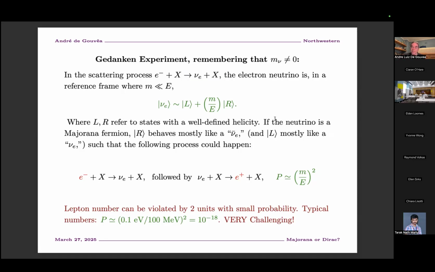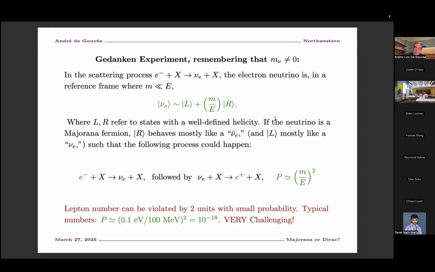On the other hand, if the neutrino is a Majorana fermion, this right-handed helicity object is the same as the right-handed antineutrino, which participates also in the weak interactions, but it produces positrons.